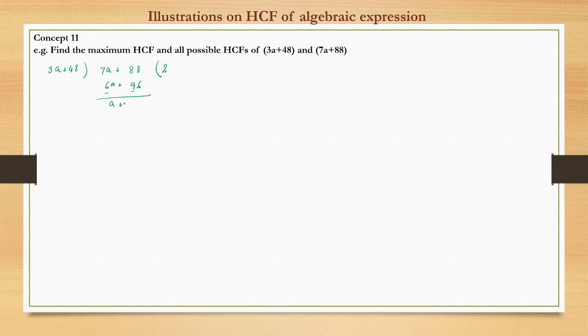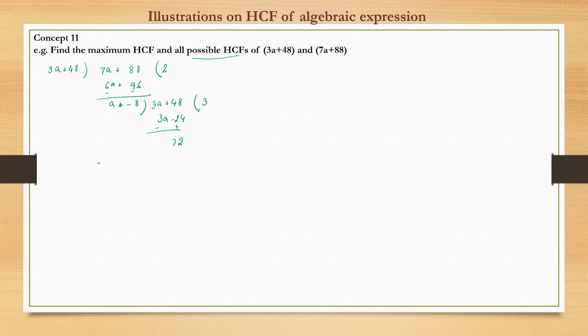So a minus 8, this will divide 3a plus 48 three times, so 3a minus 24, so it becomes 72. So find the maximum HCF and all possible HCF of 3a plus 42.